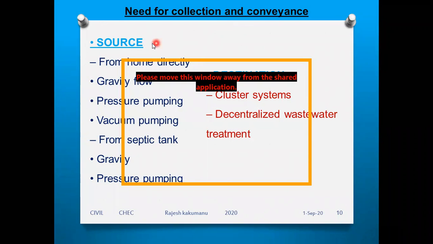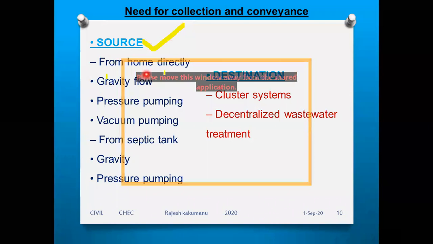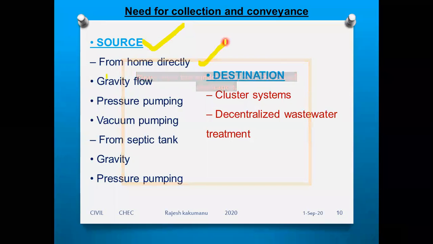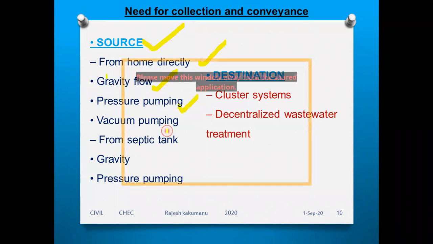Now see what are the sources for this need of collection. The first one is from homes directly. Generally from residential homes we get the sewage wastewater directly. Second, from the gravity flow, from the pressure pumping station, from the vacuum pumping station, from the septic tank.